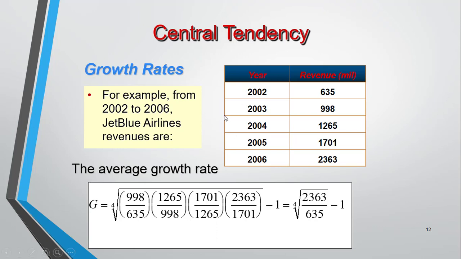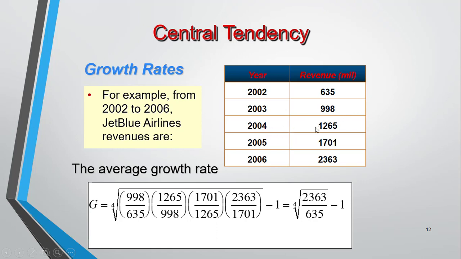For example, this is the revenue of JetBlue Airlines, in millions of dollars. In 2002, this company had a revenue of $635 million. The next year, $998 million, pretty good.